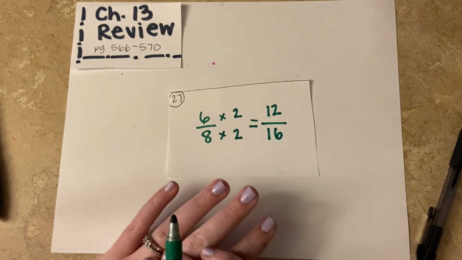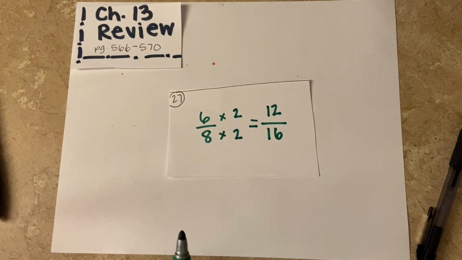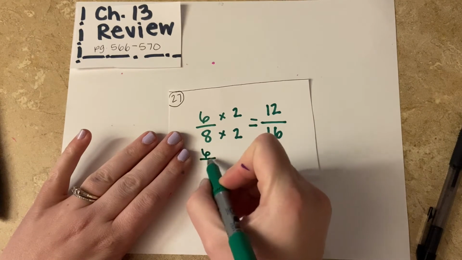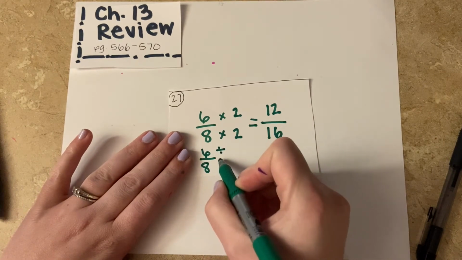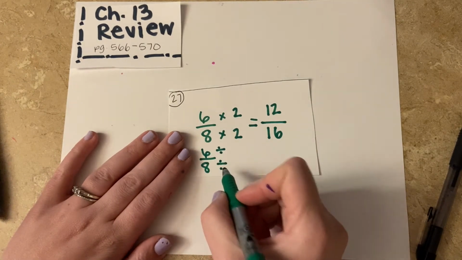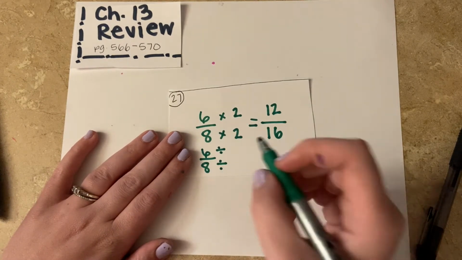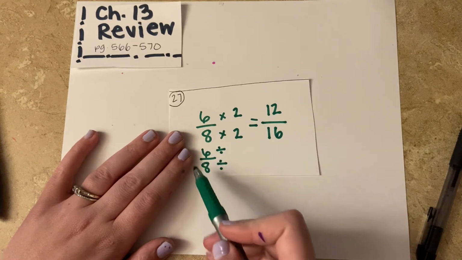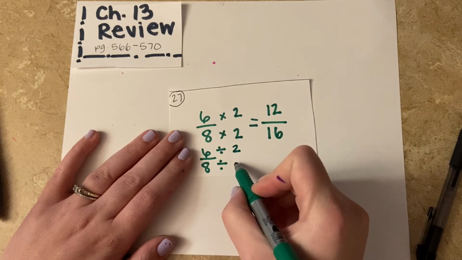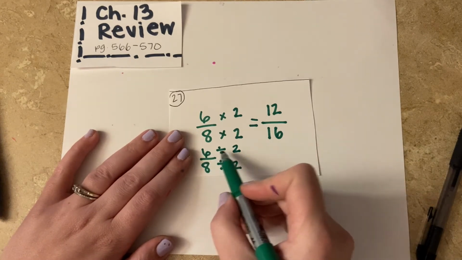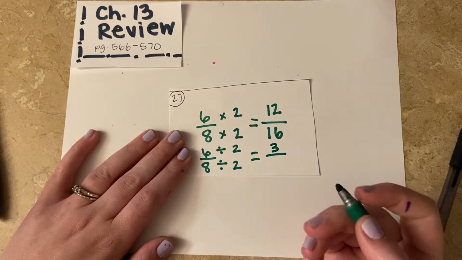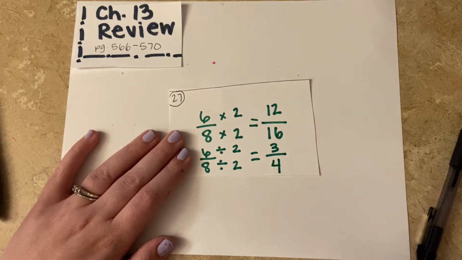Okay, and another way to find an equivalent fraction is to divide. So if I take my 6/8, I'm also going to have to divide the same number at the top, or the numerator, that I do to the denominator. Okay, and so I'm going to do 2 again, because I know 2 can equally go into 6 and it can go into 8. So 6 divided by 2 and 8 divided by 2. So 6 divided by 2 I know is 3, and 8 divided by 2 I know is 4.